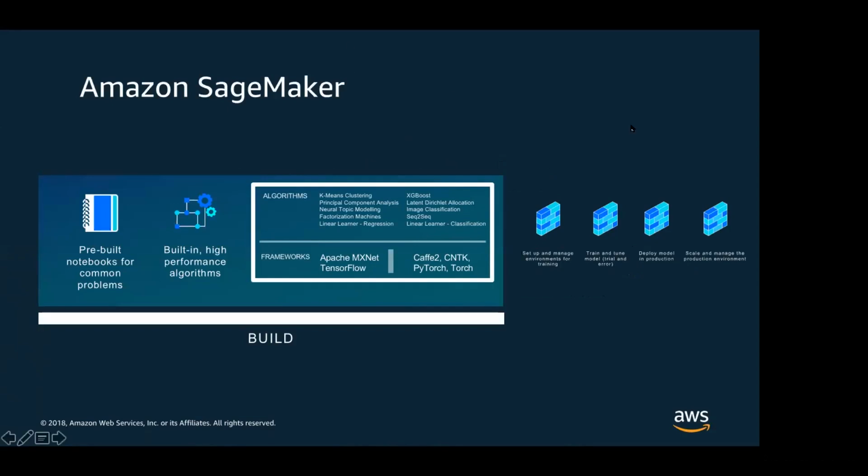When we talk about building, we need to have data, and we provide a Jupyter notebook where you code in Python using Jupyter, and you need to choose which algorithm is best for your purpose, and you can use any of the frameworks: MXNet, TensorFlow, CNTK, Torch, PyTorch, Caffe2, etc. And you can choose which algorithm you would like to use.